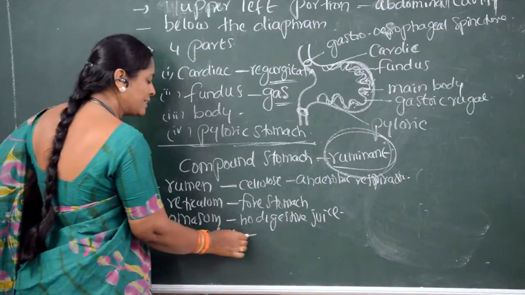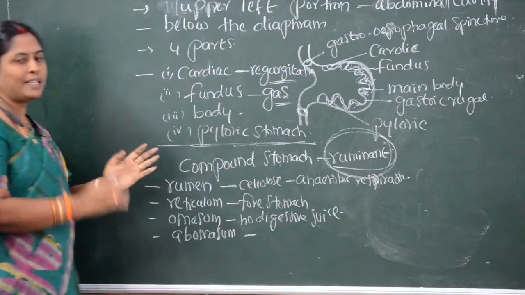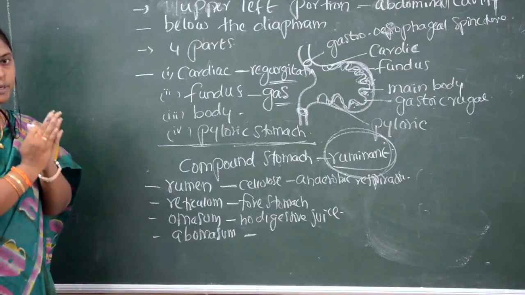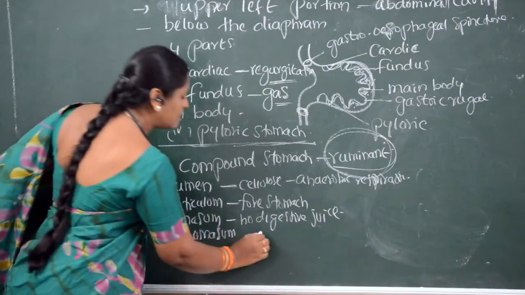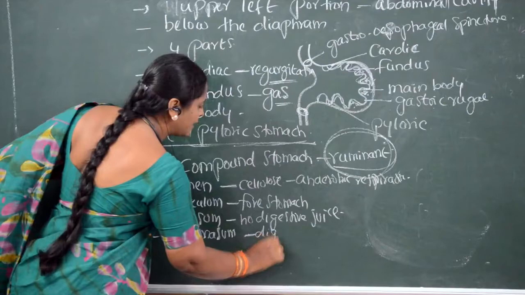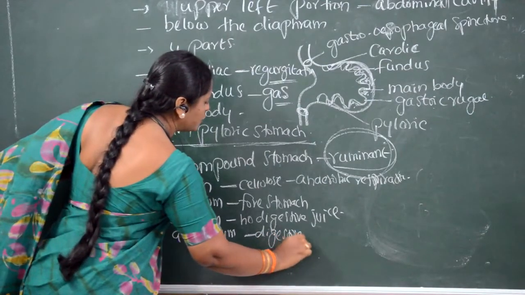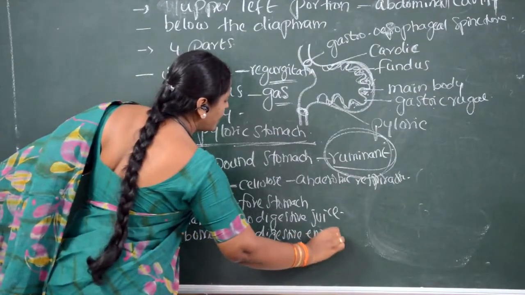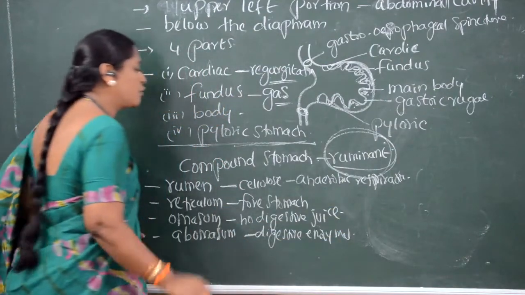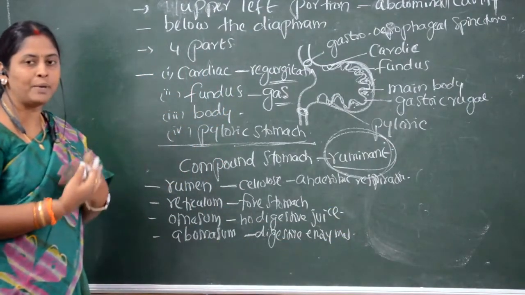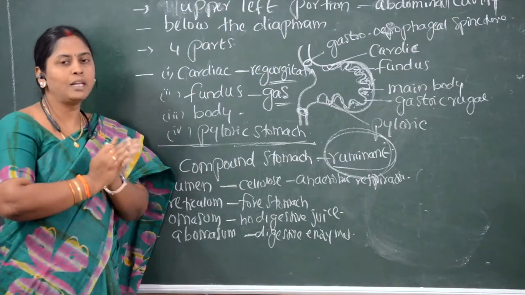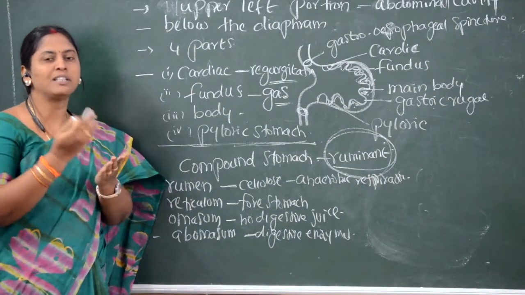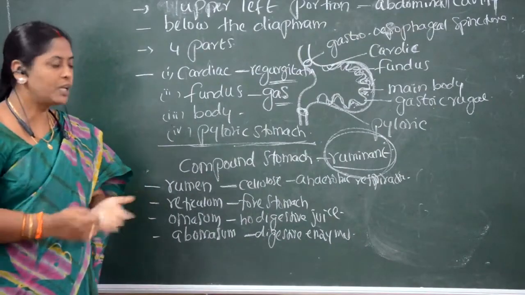Whereas the abomasum is known as the true stomach, because all the digestive enzymes necessary for the digestion of proteins and cellulose, for the complete digestion of all the food particles taken by the ruminant organism, are there.